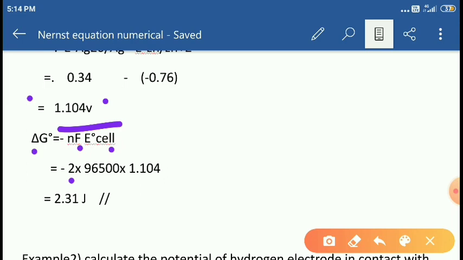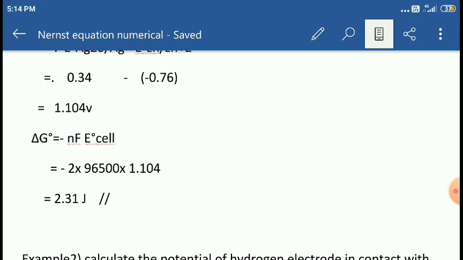So n is 2, F is 96500, E naught is 1.104, and delta G is 2.31 joules. Right, students?